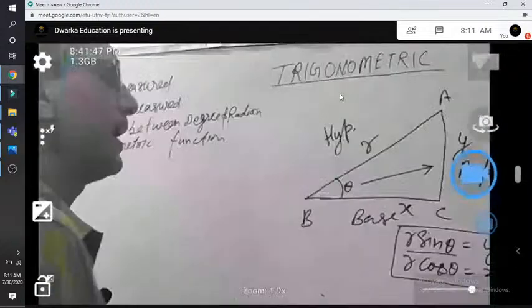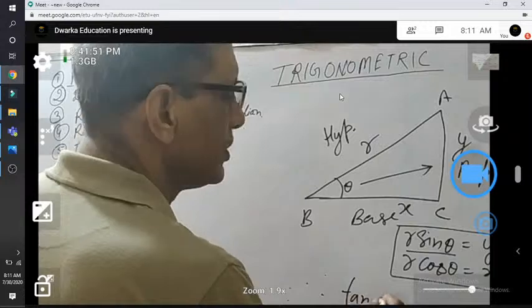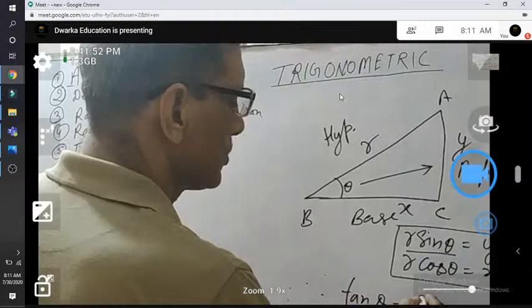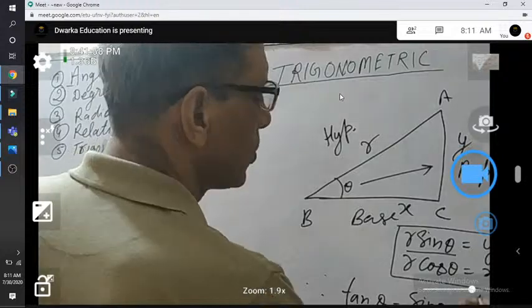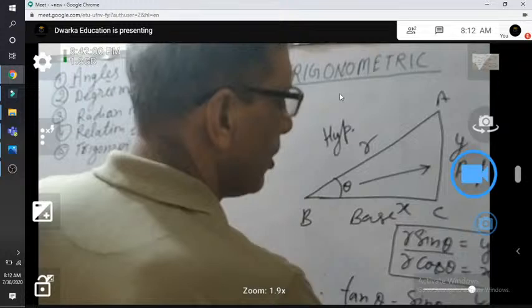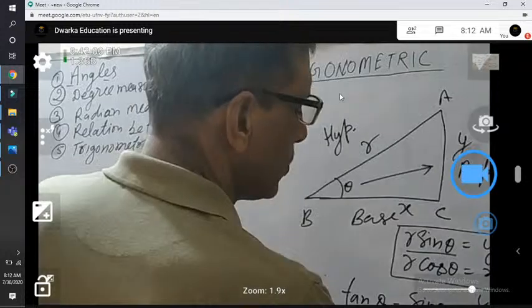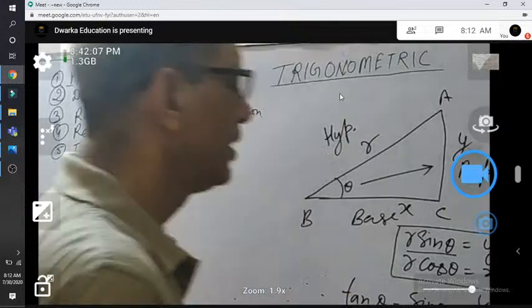And now we find the tangent theta. Tangent theta is equal to sine theta over cos theta. This is equal to y over r upon x over r. This is equal to y upon x. This is the tangent theta.